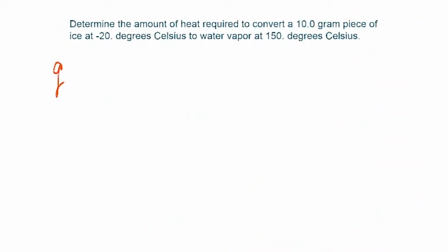Moving on to Q4. We're ready to vaporize the water, and of course the bridge that we need for that is the heat of vaporization. And we do this as a unit conversion, so we start with the amount that's given, which of course is the 10 grams. And now we need to look up the heat of vaporization for water.